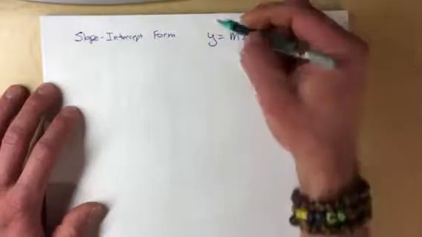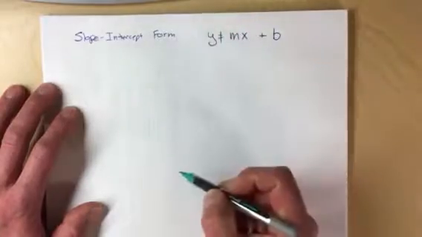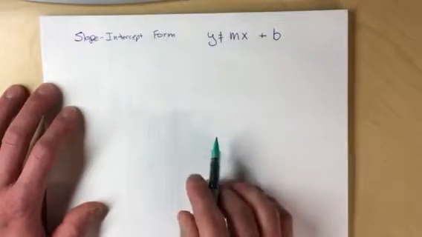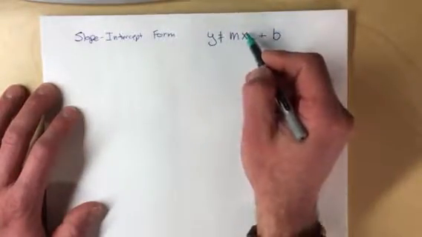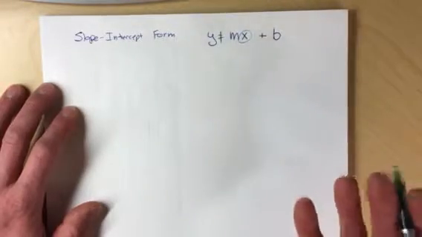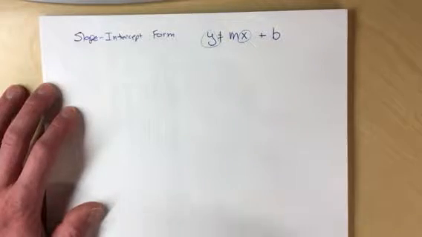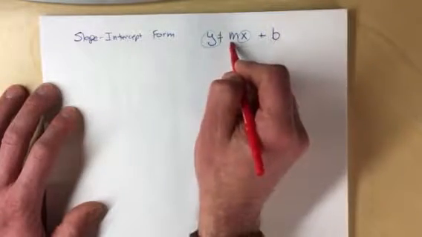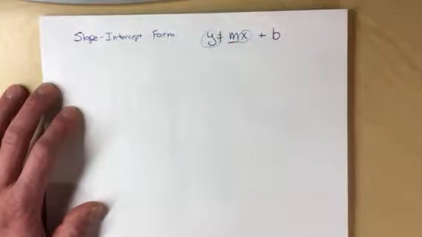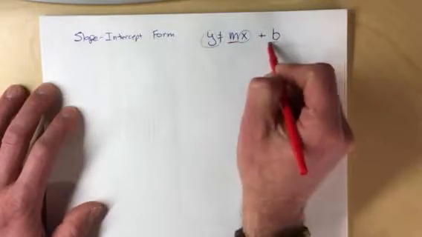So what you notice about this one is that here's the equal sign. We still have our x term and our y term, but now the x term is over on the right-hand side. The y term's on the left-hand side. It has no coefficient. m is the coefficient of x, and b is the constant.